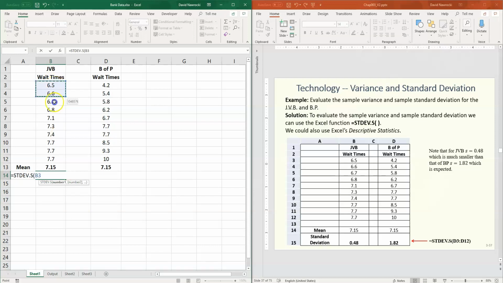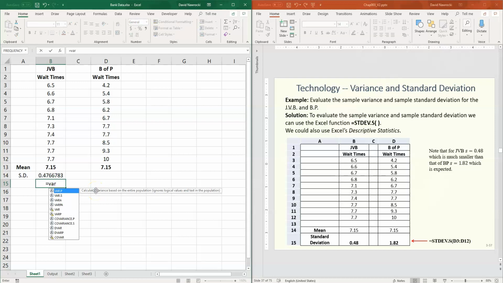We just highlight our values here, close off the parenthesis, and hit enter. And there you go. There is our sample standard deviation for the Jefferson Valley Bank, 0.477. If we wanted the variance, we could square that number or just do equals var.s for variance from a sampling.